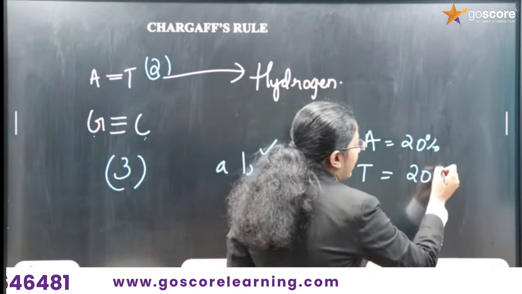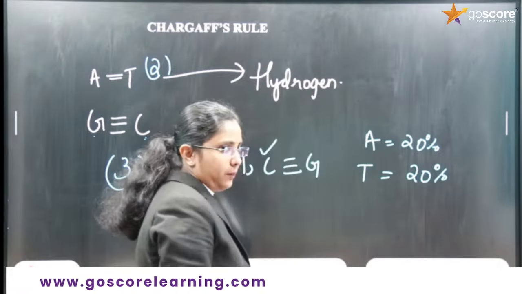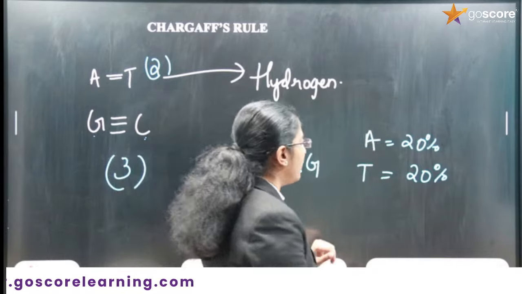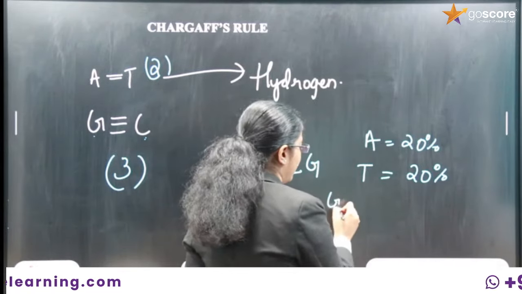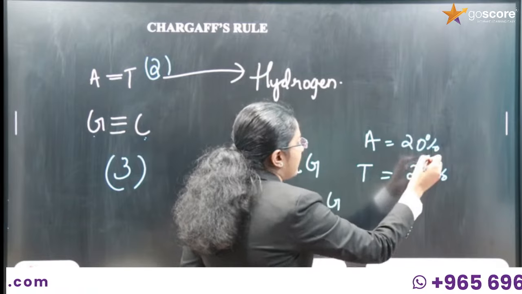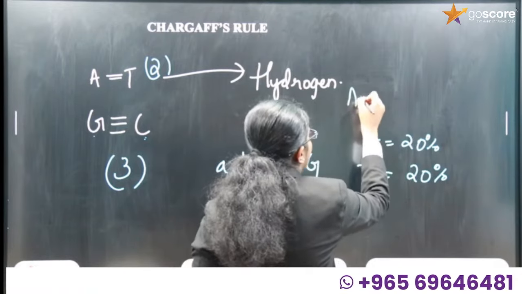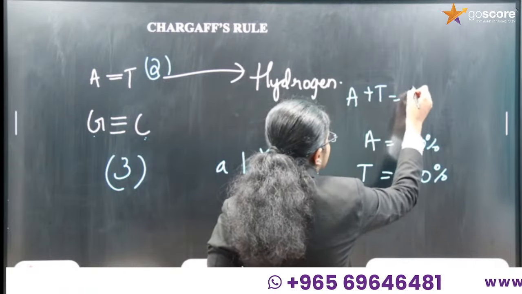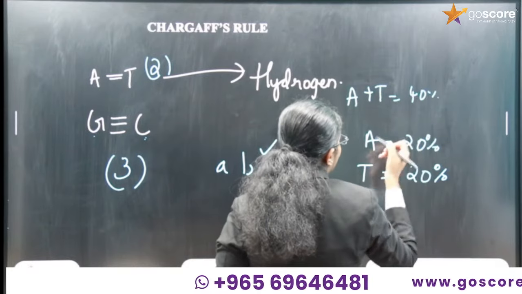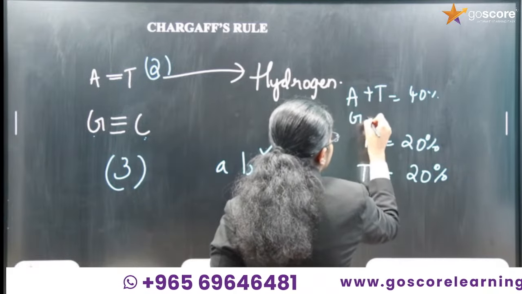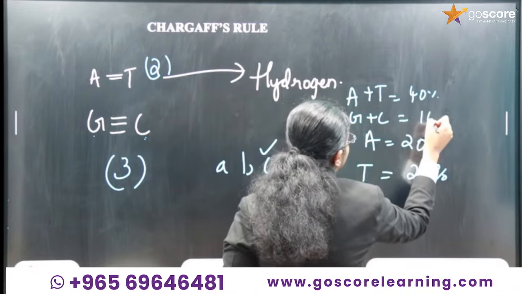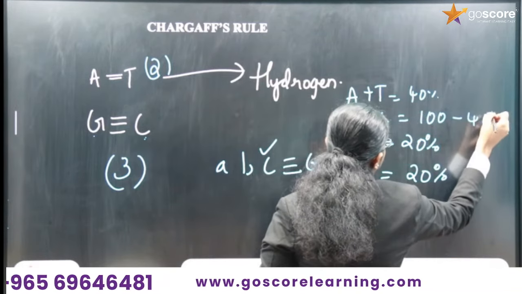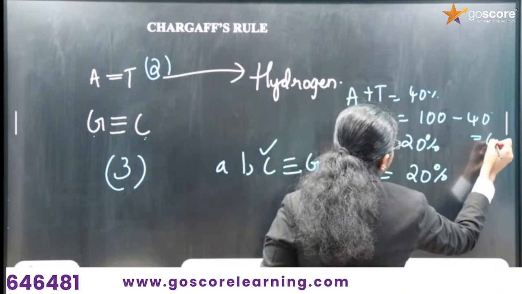The amount of adenine and thymine will be equal. If adenine and thymine are known, then we can find guanine and cytosine. A plus T is equal to 40%. So what is G plus C? It is 100 minus 40, that is 60.